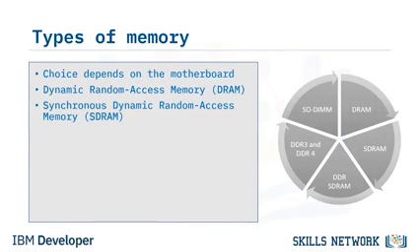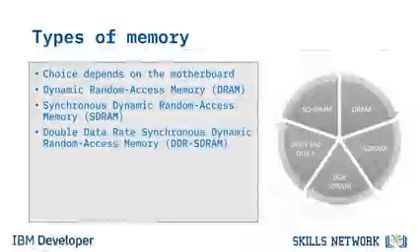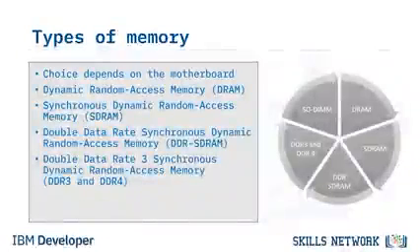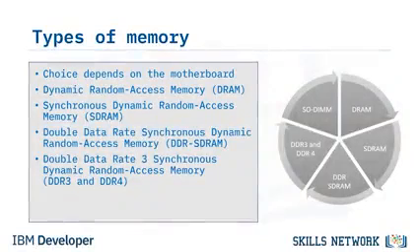SDRAM, or synchronous dynamic random access memory, is a form of DRAM semiconductor memory that can run faster than DRAM. Double data rate synchronous dynamic random access memory, or DDR SDRAM, is faster than SDRAM because it fetches data twice per clock cycle. Double data rate 3 synchronous dynamic random access memory, known as DDR3 SDRAM, is faster than DDR SDRAM.